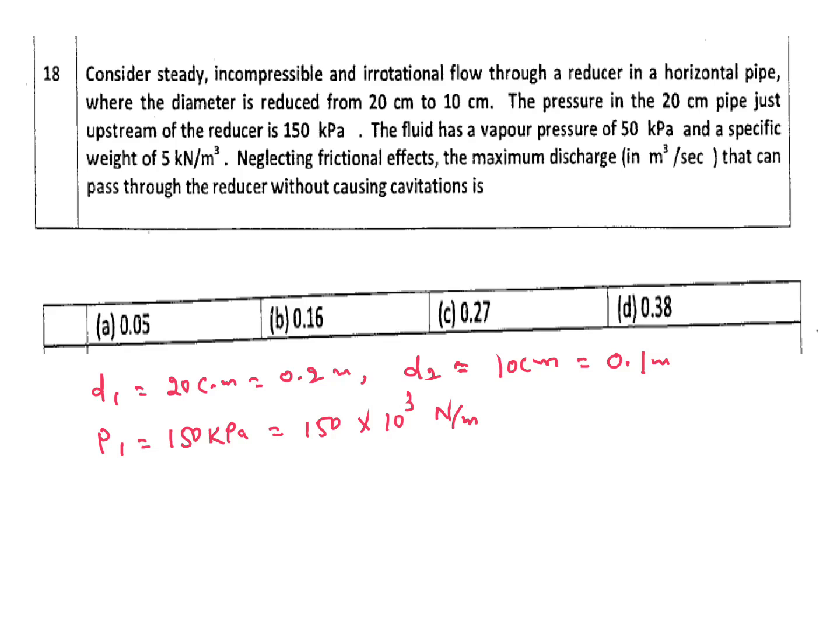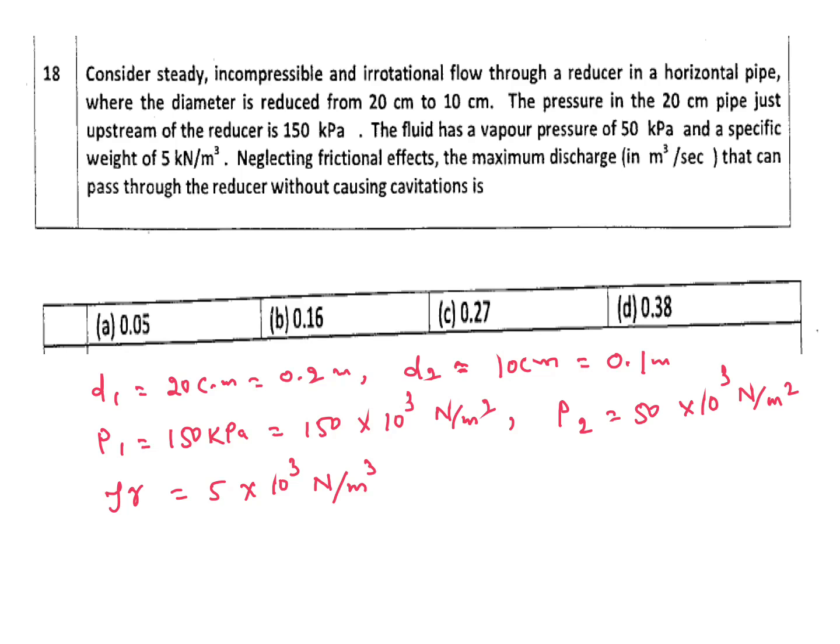Vapor pressure, or P2, is 50 into 10 to the power 3 Newton per meter square. Specific weight rho g is 5 into 10 to the power 3 Newton per meter cube. Maximum discharge you have to calculate. First we will calculate velocity, then from there we will calculate the discharge. Bernoulli's equation we will apply here.